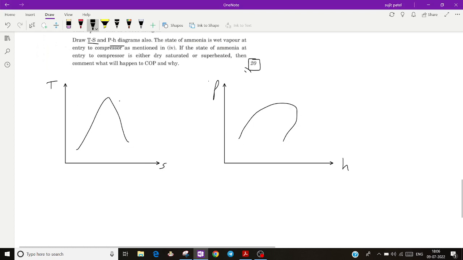Okay, so here there is superheating as well as subcooling, and this is the throttling process. I am denoting 1 as compressor entry, 2 as condenser entry, 3 as condenser exit, and 4 as evaporator entry, and this is the process.